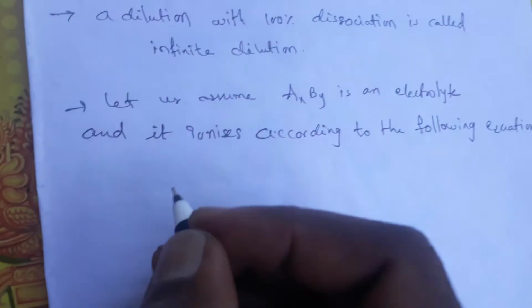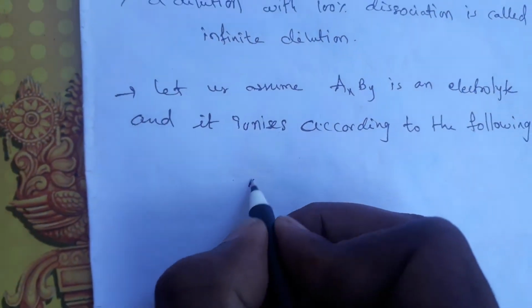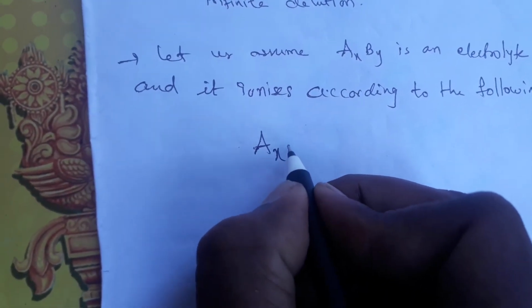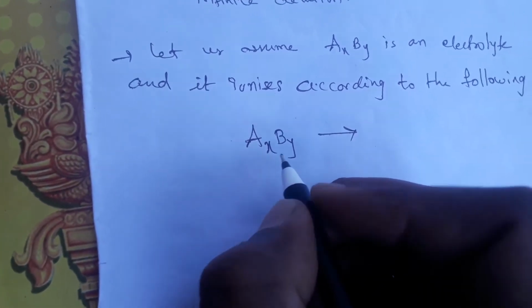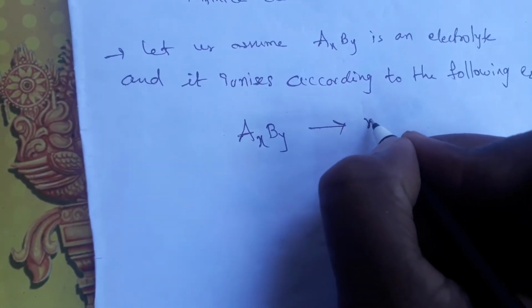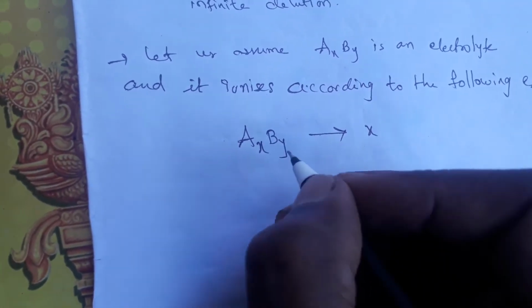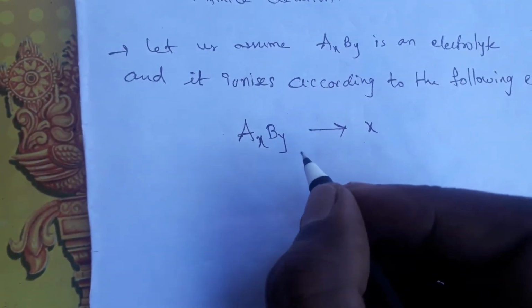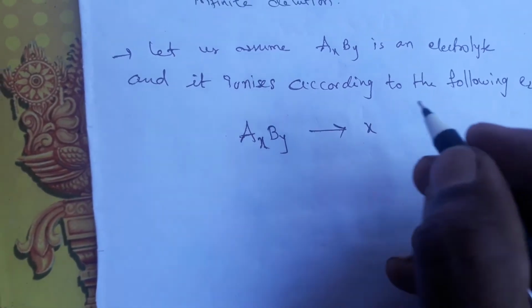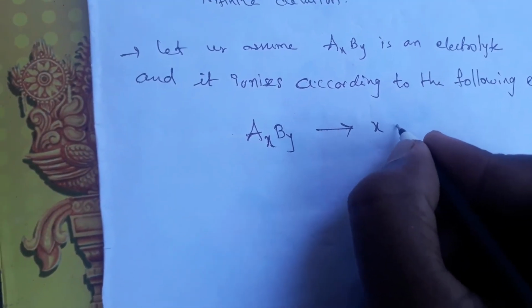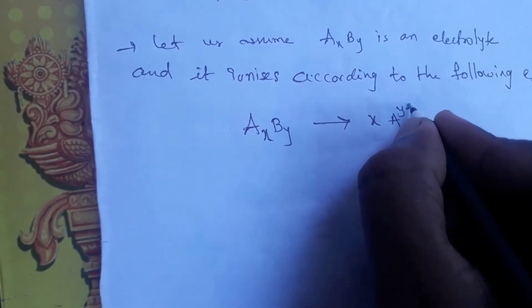This is the equation you have to remember. AxBy gives rise to, these are the reactants and these are the products.